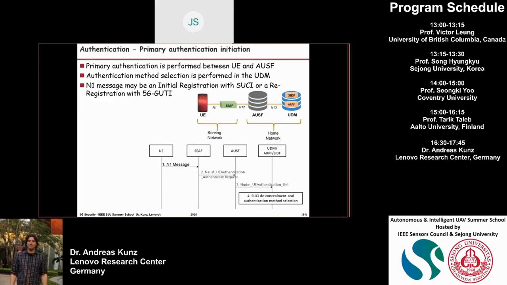In the UDM, if SUCI is included, then the deconcealment will take place to retrieve the SUPI. If the UE sent a 5G-GUTI, then the SEAF will already include the SUPI because the UE was registered before.